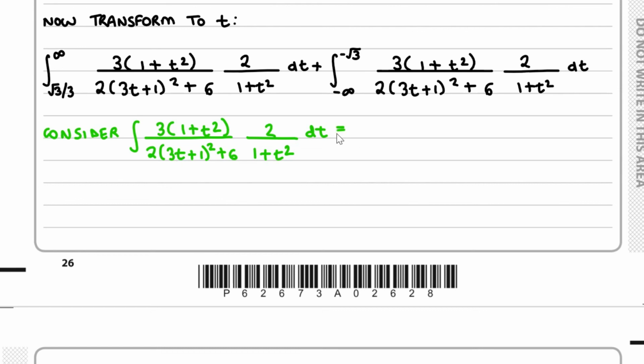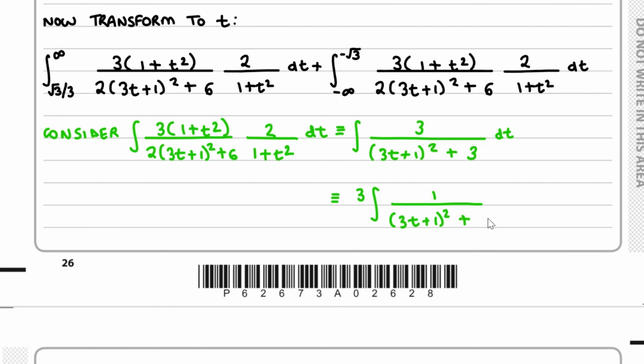What this will be equivalent to is the integral of 3 over 3t plus 1 all squared plus 3 dt, which I'm going to rewrite as 3 lots of the integral of 1 over 3t plus 1 all squared plus root 3 squared.